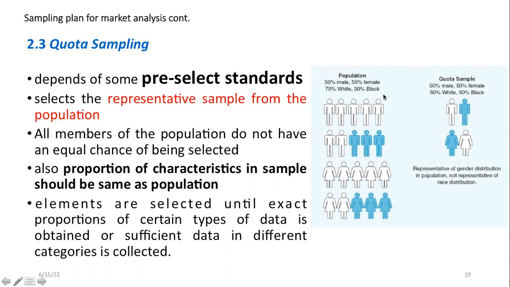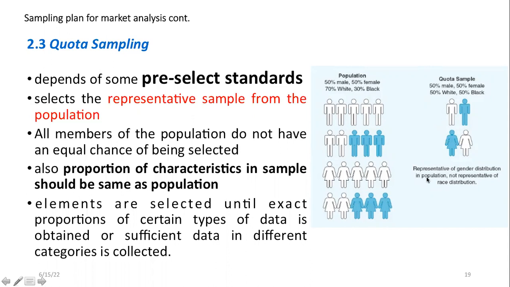So you can see the population is 50% male, 50% female, 70% white and 30% black. This is the population. This is the quota. In the quota, you can see the same factors: 50% male, 50% female, 50% white, 50% black. But here you can see 70 white and 30 black in the population, and here you can see 50 to 50.